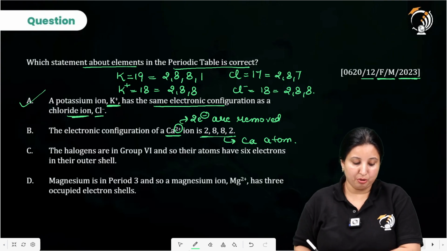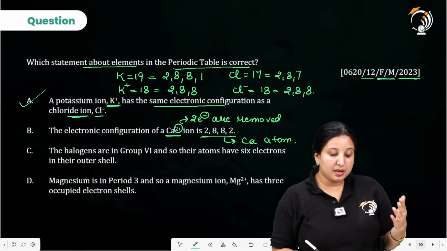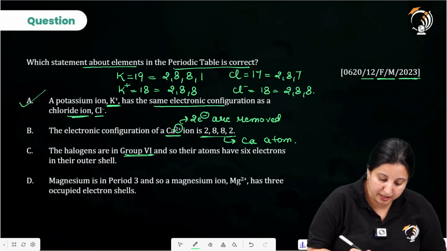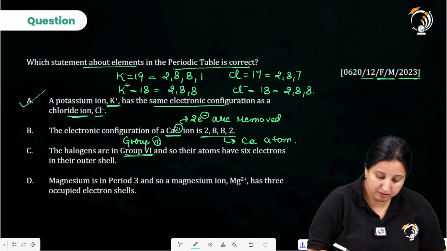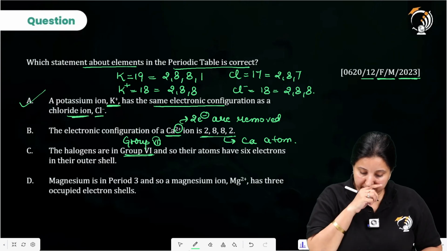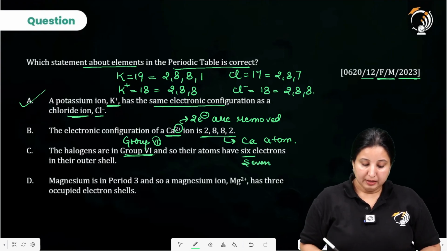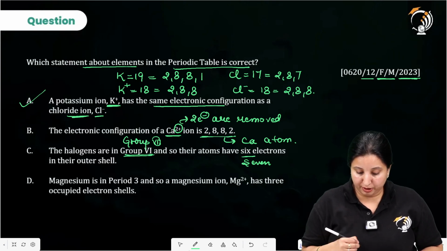So that's why this is wrong. Then halogens are in group 6. Halogens are not in group 6, but they are present in group 7. So that's why it is going to be wrong, as they are going to have the 7 electrons in their outermost shell.